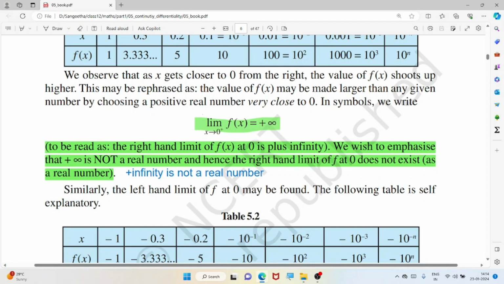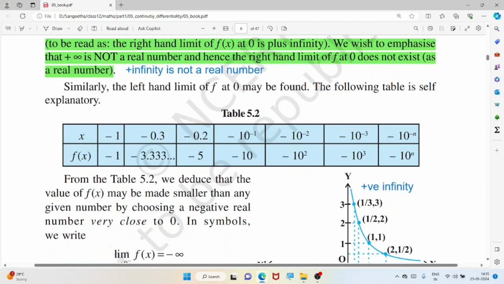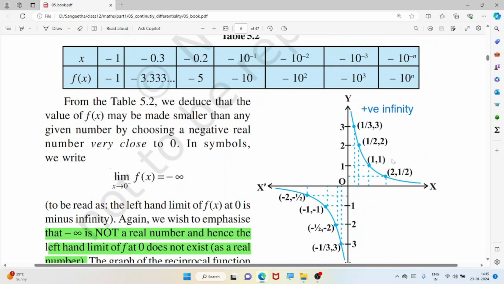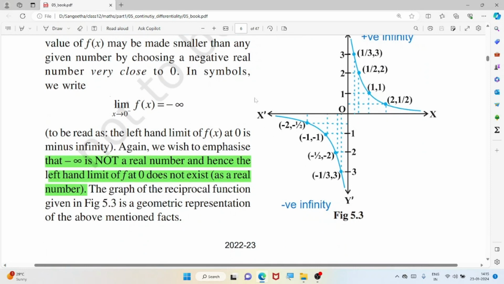We emphasize that plus infinity is not a real number, and hence the right hand limit of f at 0 does not exist as a real number. This is for positive infinity, and this curve is for negative infinity. It will go down. Again, negative infinity is not a real number, and hence the left hand limit does not exist as a real number, okay?